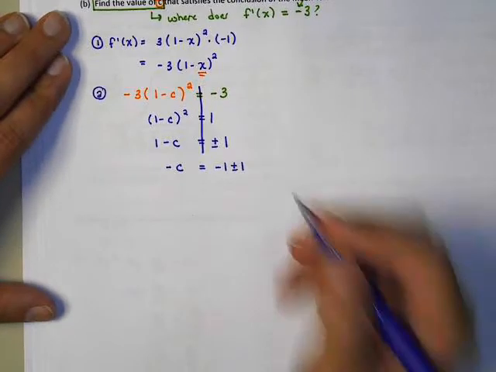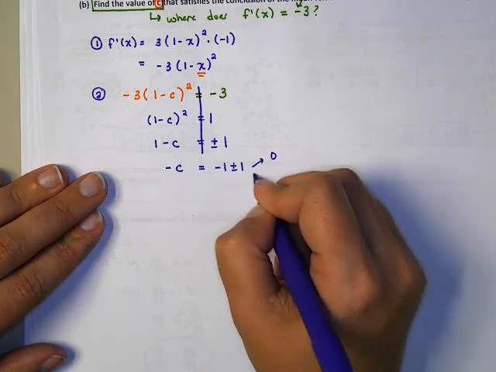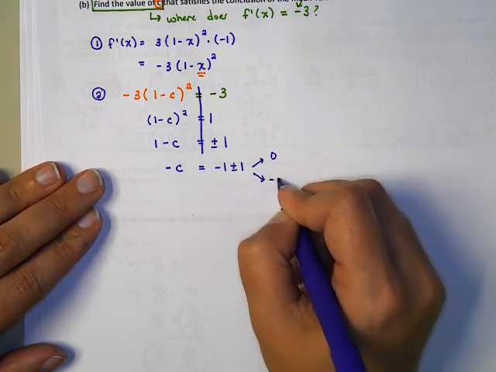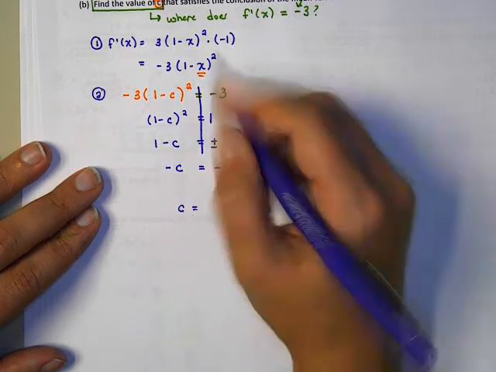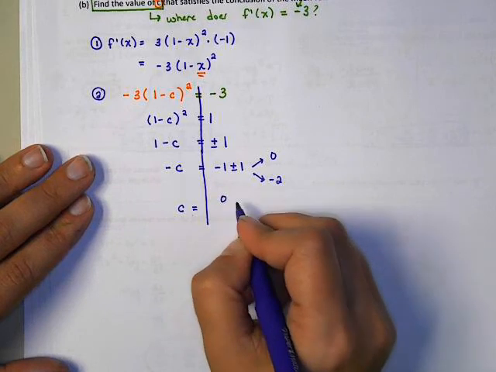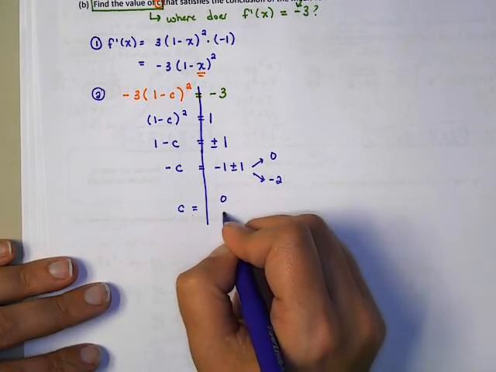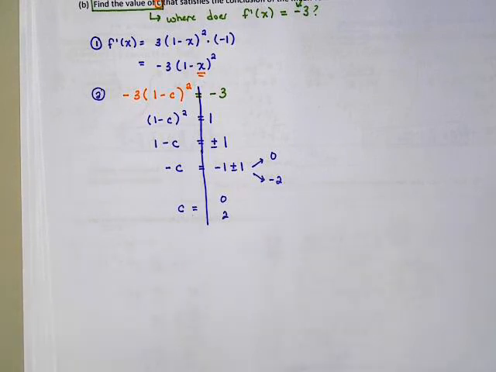And that is really two separate answers. -1 plus 1 would be 0, and -1 minus 1 would be -2. Last but not least, I'm going to divide by my negative. So c equals either 0, because -0 is just 0, or 2, because -2 divided by a negative would make positive.